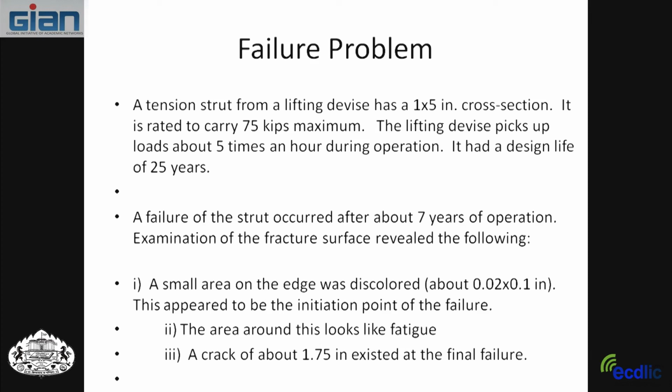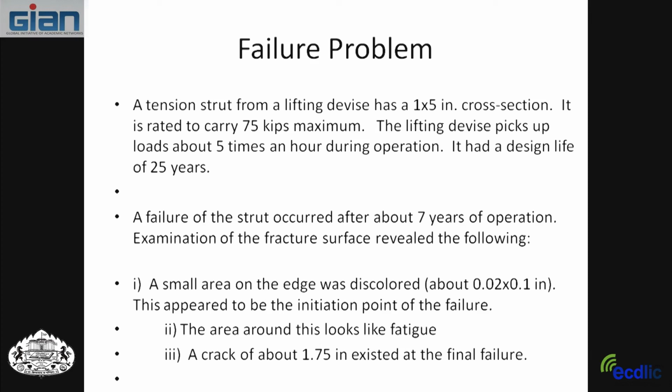An examination of the fracture surface found this. And I'll show you the picture again. Small area on the edge was discolored, and that size given. And then there seemed to be an initiation point for fatigue. And then the area around that looked like fatigue until the crack grew 1 3/4 inches and then had a final failure.